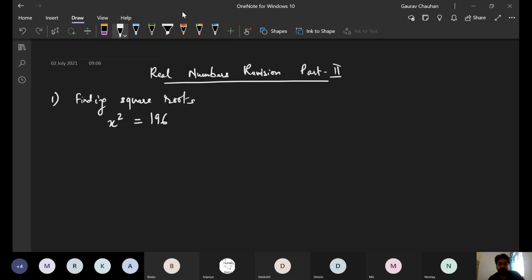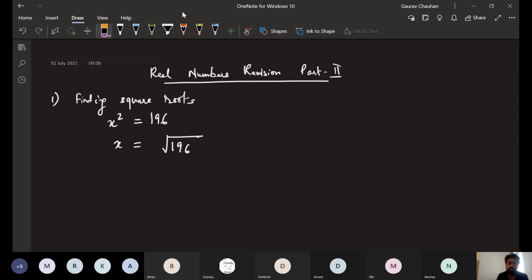Okay, now when I go to the next step, x actually becomes equal to plus or minus root over 196. But we're going to leave this concept of plus or minus for now. We will touch it back when we study quadratic equations.